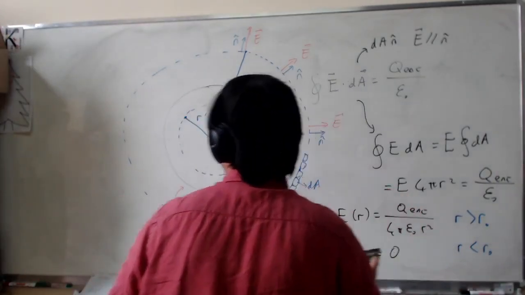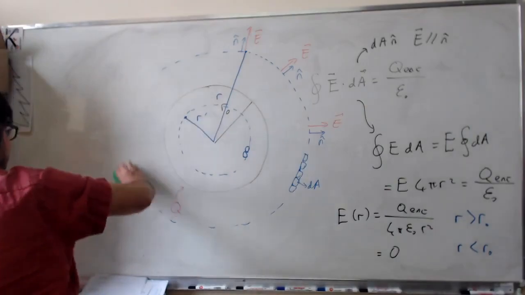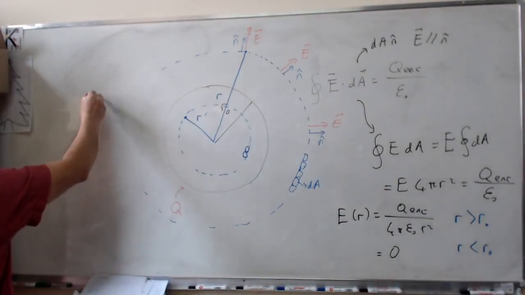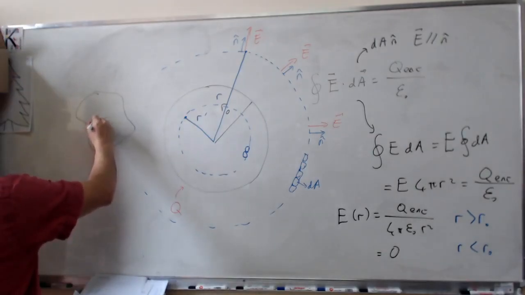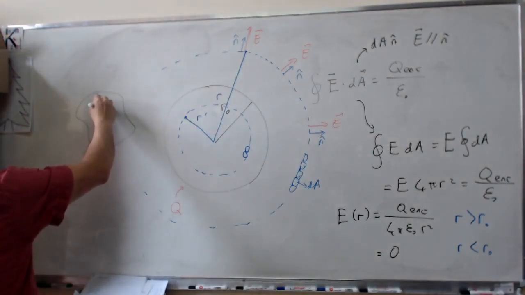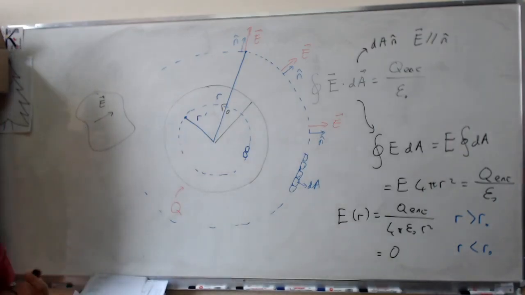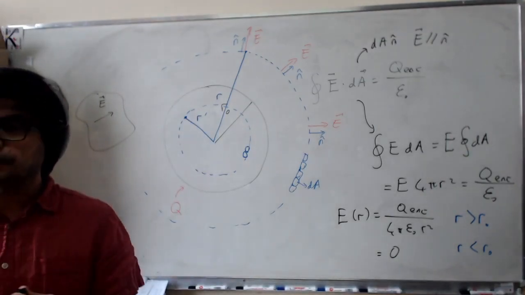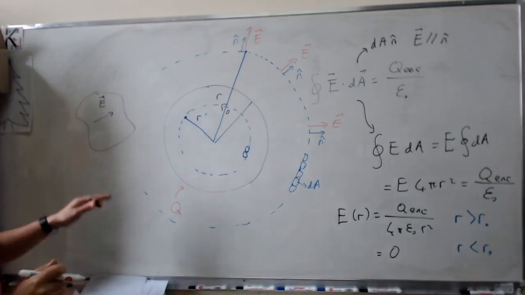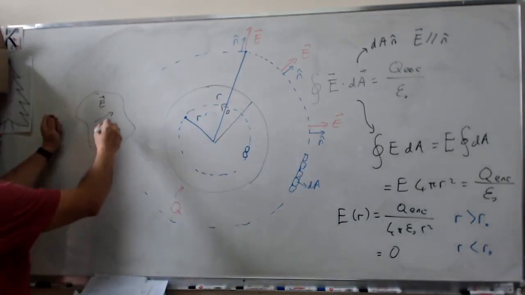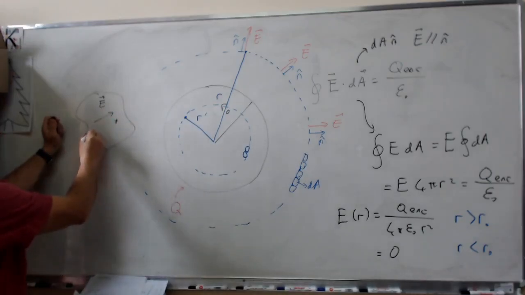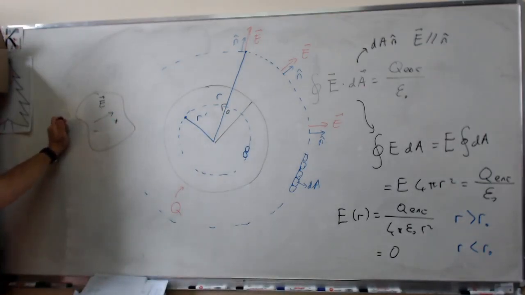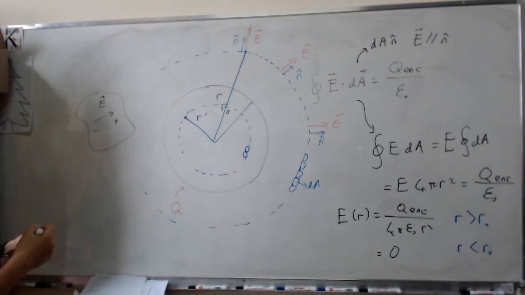Let's agree on that. Let me create some space here. If I have some conductor, it doesn't have to be spherical, it doesn't have to be anything, but say that I have some electric field present in the conductor. What would happen? That would lead to a separation of charges, right? The positive charges would feel a force this way. Positive charges would go along the electric field, negative charges would go opposite the electric field, and there will be some polarization inside the conductor, and this will immediately create a counter field.